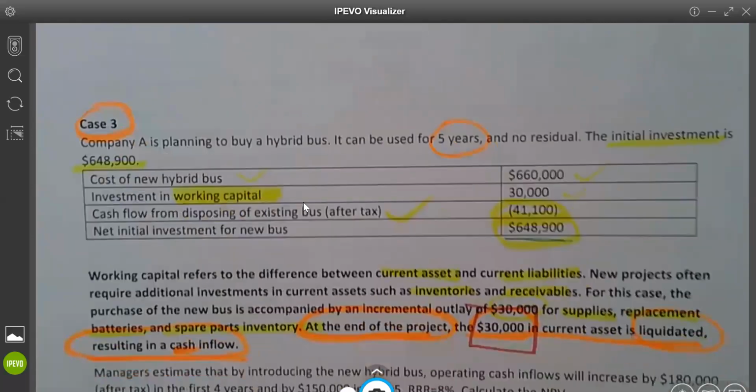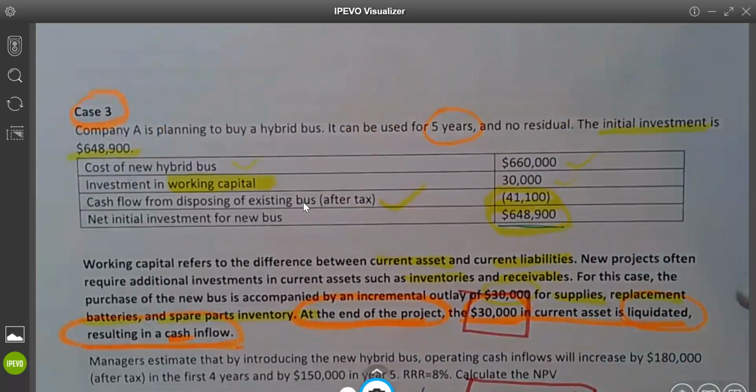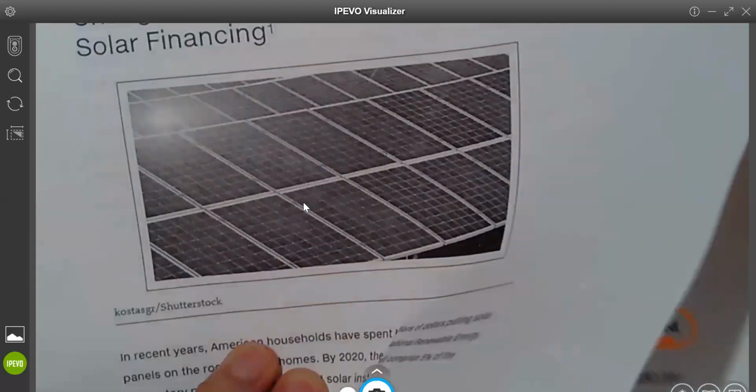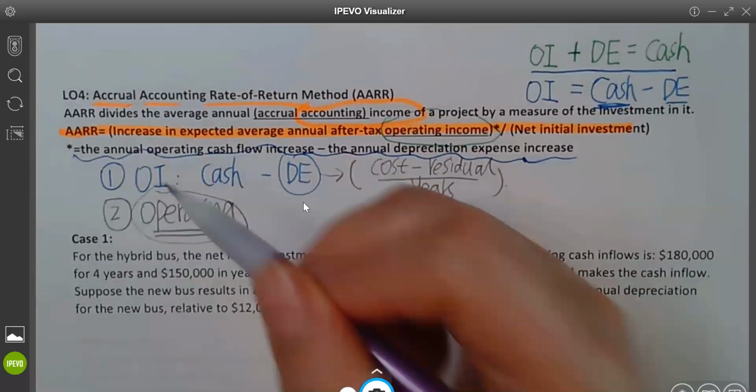Remember your 30,000 of working capital will be liquidated and become your cash inflow. When we do NPV, IRR, and the payback method, we put all cash in consideration, including this liquidation of working capital. But for AARR, we only focus on operating income.